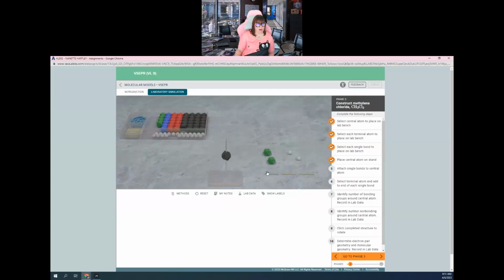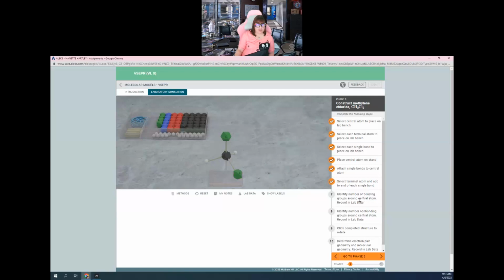I add my 4 bonds. I literally just pick this up and click on the carbon and it puts it somewhere, because you really can't see where those holes are, but that's how they're arranged. We then need to add the terminal atoms to the other ends of the bonds. I've got that one, that one, that one, and that one. And it's happy with that.